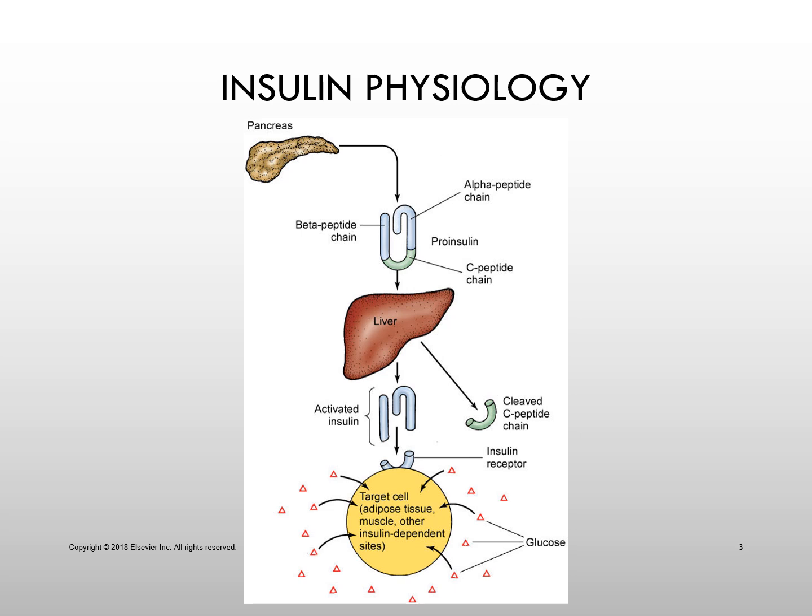Proinsulin is secreted by and stored in the beta cells of the islets of Langerhans in the pancreas, and this is transformed by the liver into active insulin. Insulin will then attach to receptors on target cells where it will promote glucose transport into the cells through the cell membrane.